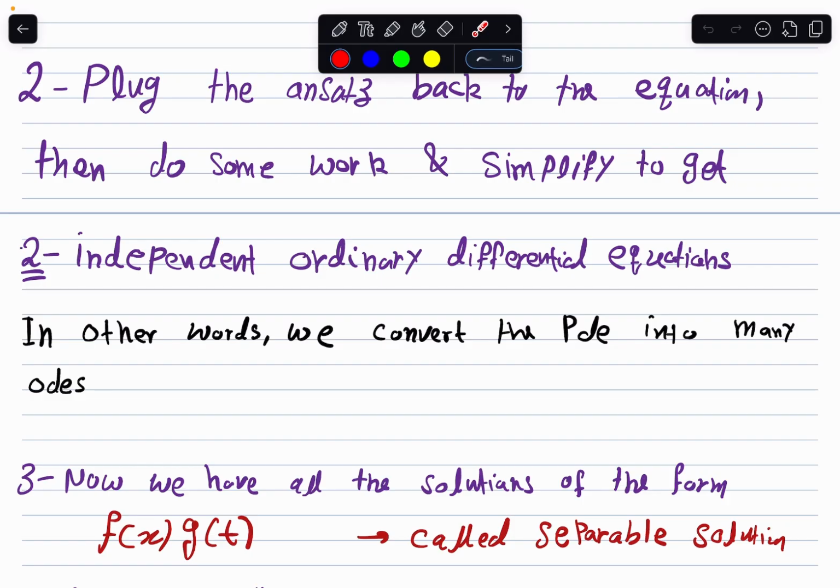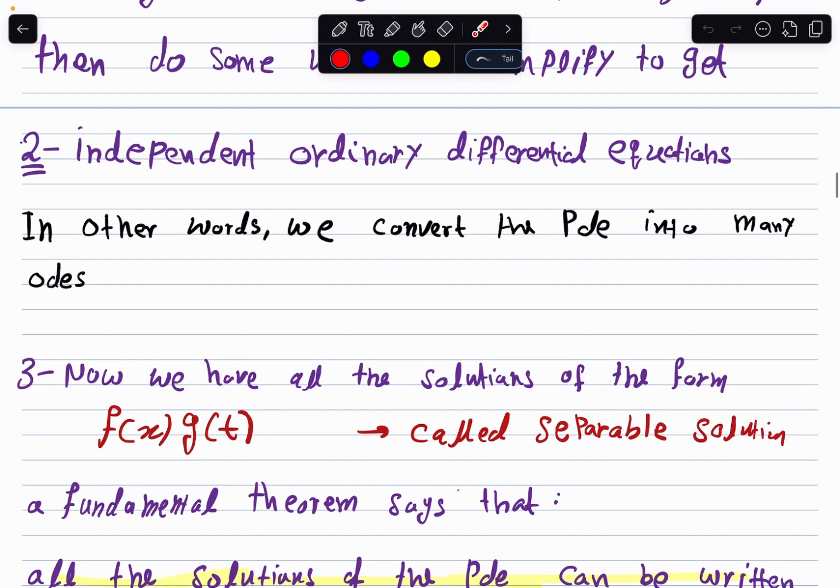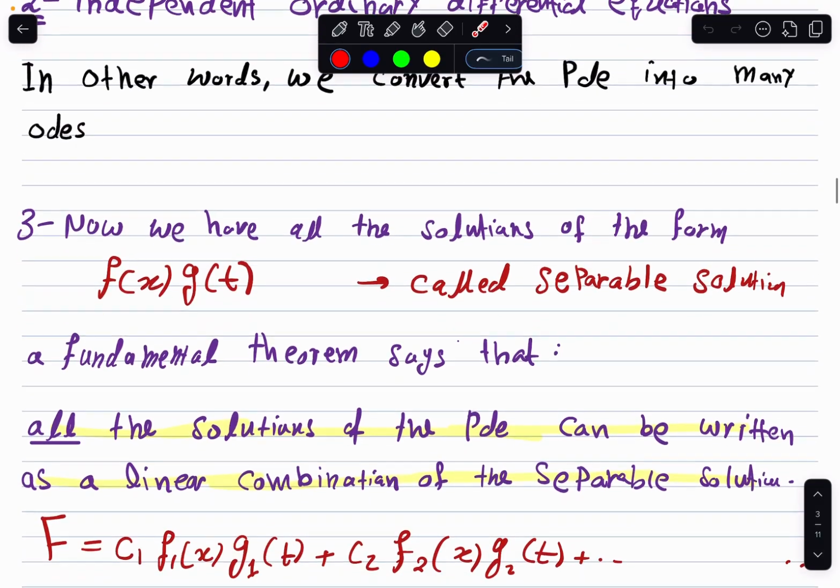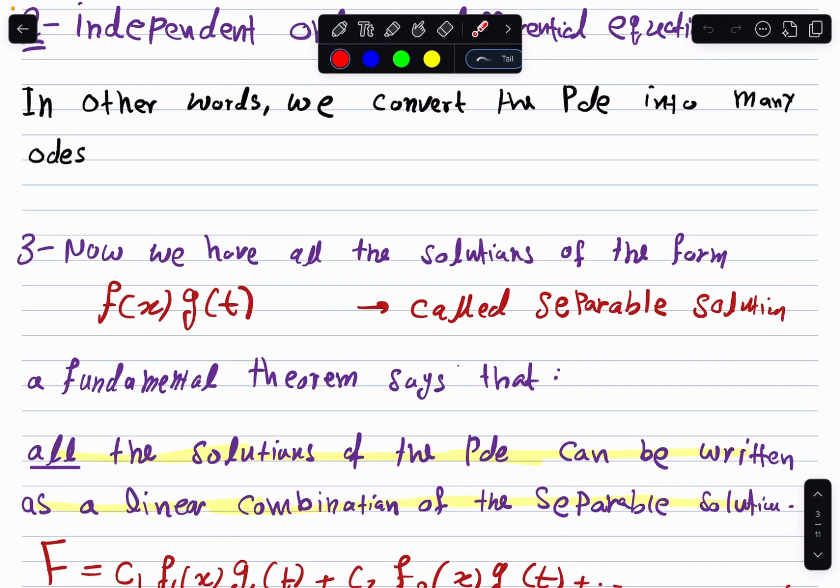So maybe you say, okay, we have a problem. We only found a very small set of solutions. I would say no. There is a fundamental theorem that says the following: any solution of the PDE can eventually be written as a linear combination of the separable solutions.